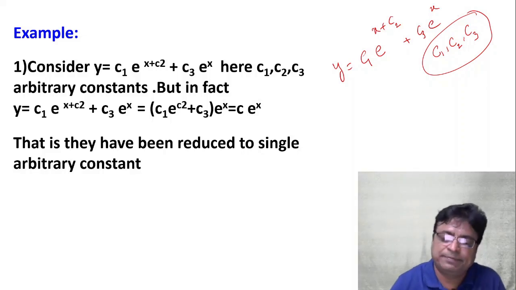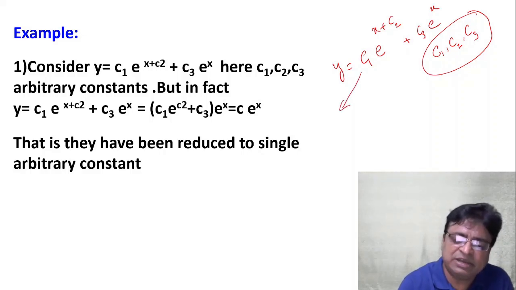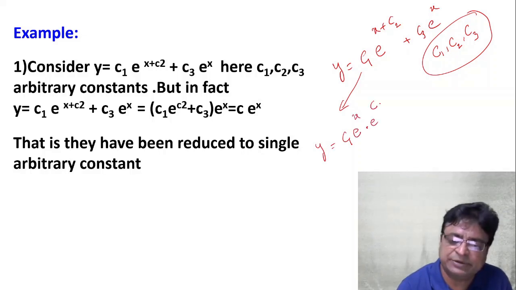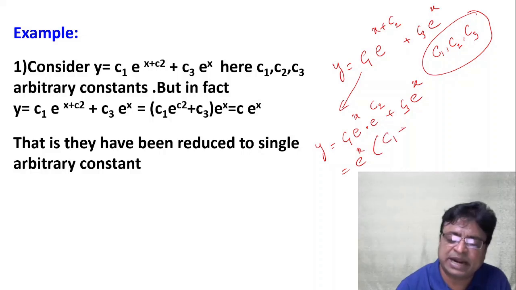See the miracle here. I can write the same equation like this: y equal to C1 e power x into e power C2 plus C3 e power x. If I take e power x as common, then the term inside the bracket is C1 e power C2 plus C3.